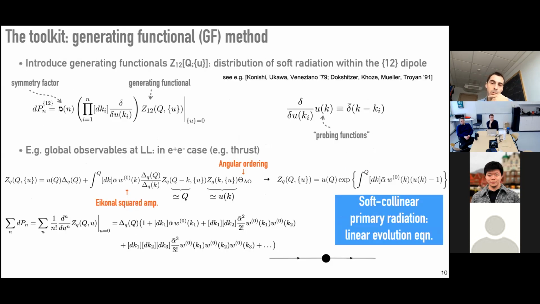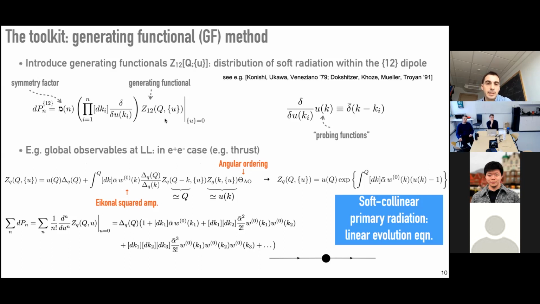So to describe what I mean, let me introduce a mathematical tool that you guys probably already know, given what Adam said. That is the generating functional method. This tool is very old, but very powerful, in my opinion, and is not widely used in hadron collider QCD calculations.